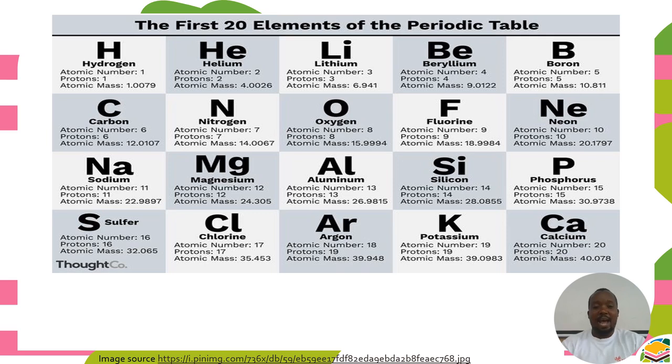Let us start with hydrogen, symbol capital letter H. We have helium, He, lithium, Li, beryllium, Be, boron, B, carbon, C, nitrogen, N, oxygen, O, fluorine, F, neon, Ne, sodium, Na, magnesium, Mg, aluminium, Al, silicon, Si, phosphorus, P, S for sulfur, chlorine, Cl, argon, Ar, potassium, K, and calcium, Ca.